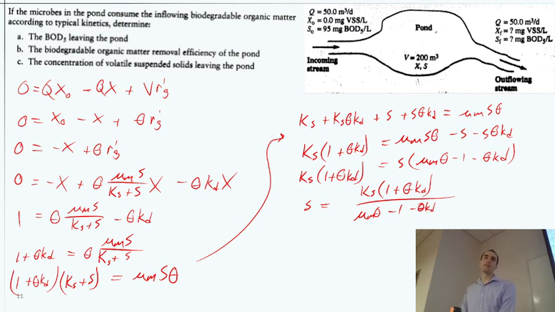Okay, so lots of algebra deriving from that initial point of a mass balance on X to get us a term for S. Yes, this is technically something that you can and I guess should be able to do. No, I'm not hoping that you would just be able to recognize all that on the fly without being introduced to the topic.